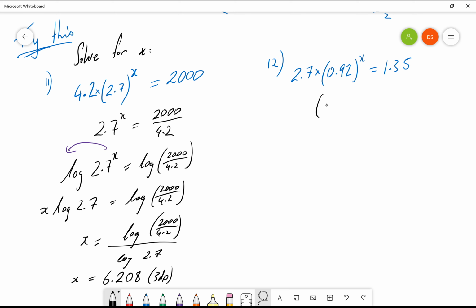So I have 0.92. And in this one, if you feel like writing this as a decimal, you probably can, because I know that 1.35 is half of 2.7, and so that part is going to be 0.5.